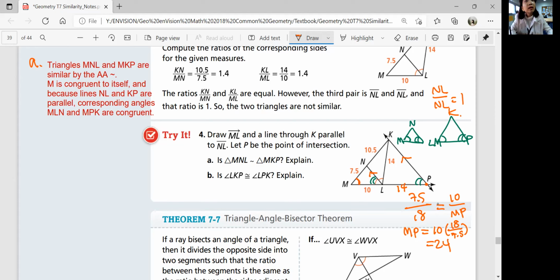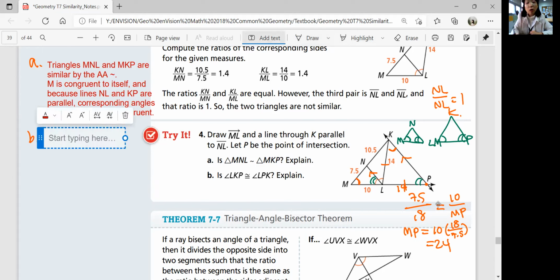14, right? So since these two sides are equal, this is an isosceles triangle, and you can see that the base angles by definition will be congruent. Okay. If you have another way to explain, that's great. Explain your own explanation, but this is one way to explain it.